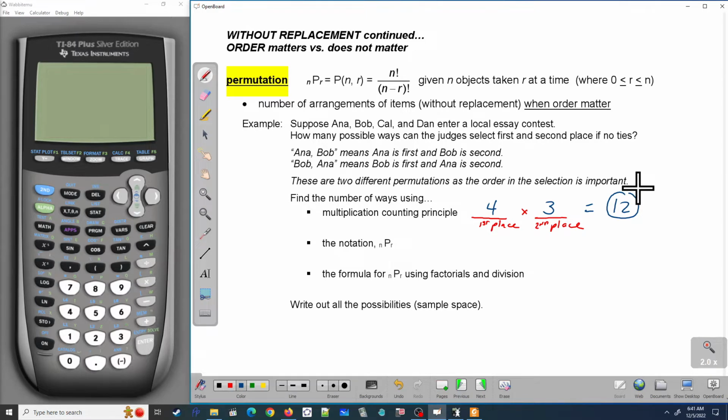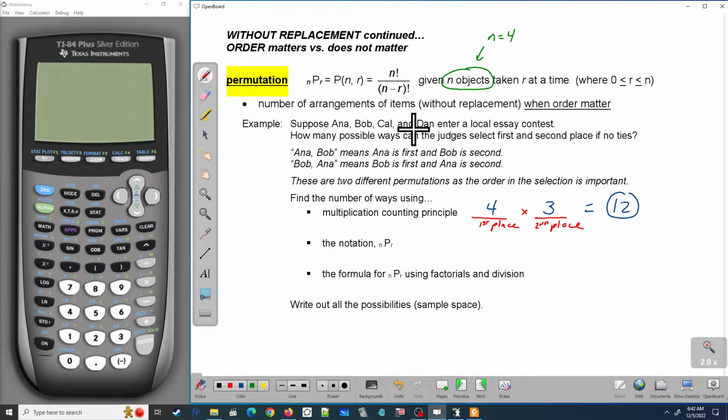What I want to show you is that this is also known as a permutation, and we can write that as nPr. n is the number of objects. For this particular problem, we have 4 objects. I'm sure the individuals don't want to be considered objects, but we do have Anna, Bob, Cal, and Dan.